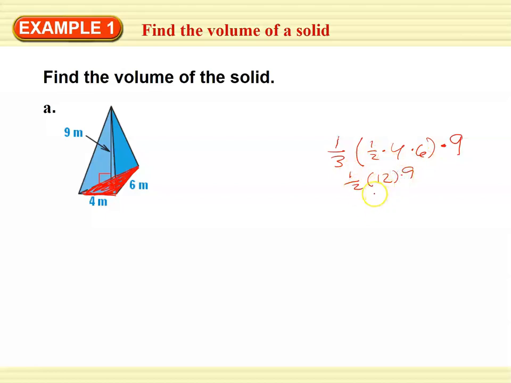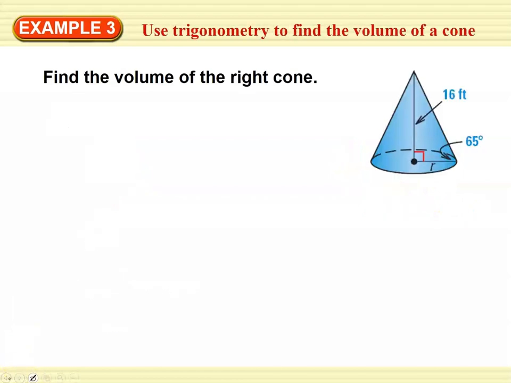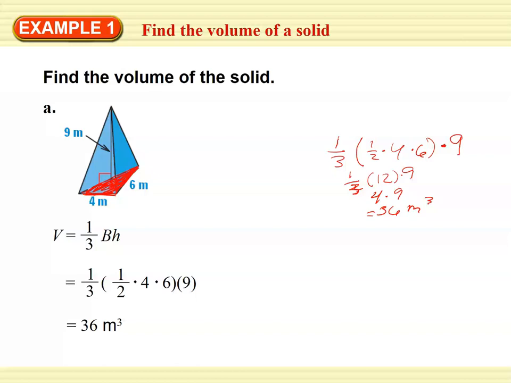A third of 12 is 4. And then we get 4 times 9, which is 36. And our units is meters. We're talking volume, so it's going to be meters cubed. And you can see exactly what I got over there.